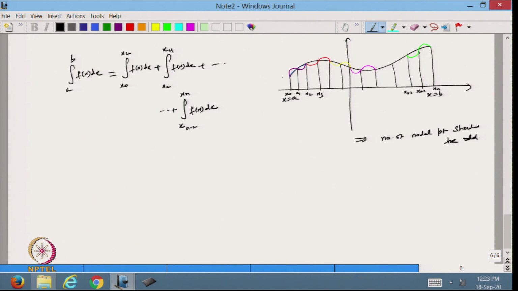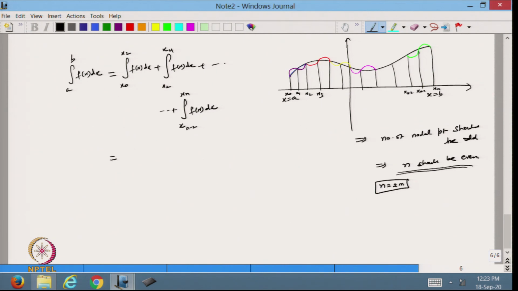So n should be even, because when n is even, the n plus 1 points will be odd. That is the criteria. So n should be 2m always, an even value. Only then we can apply the composite formula for Simpson one-third rule.